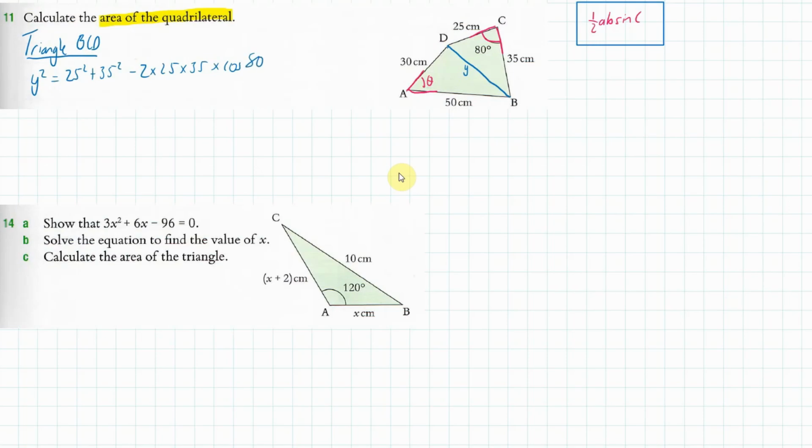Now let's just chuck that into our calculators. 25 squared plus 35 squared minus 2 times 25 times 35 times cosine 80, and then square, big number, 1,546, square root that, and you should get y is equal to 39.3. Now save the unrounded number.